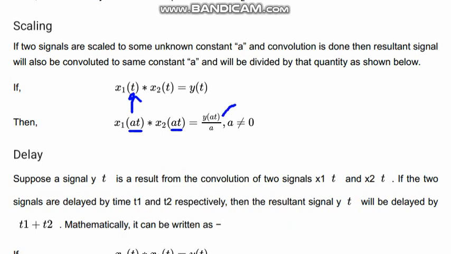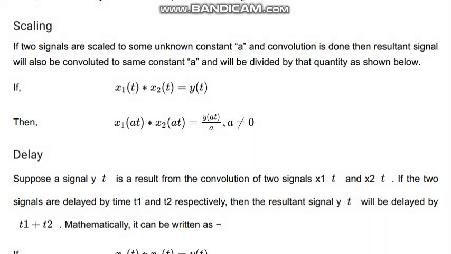The output will be y(at). That means the independent variable takes the scaling factor, but it is divided by the magnitude of a, where a is not equal to 0.